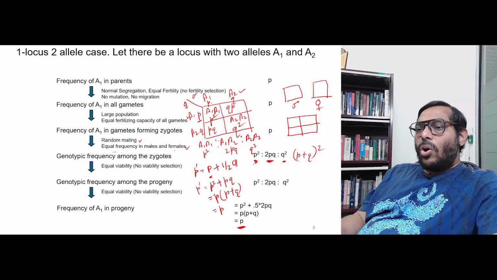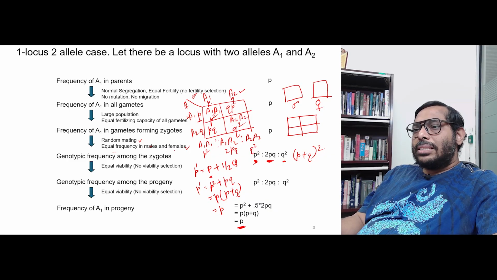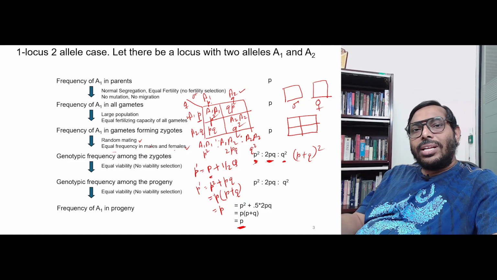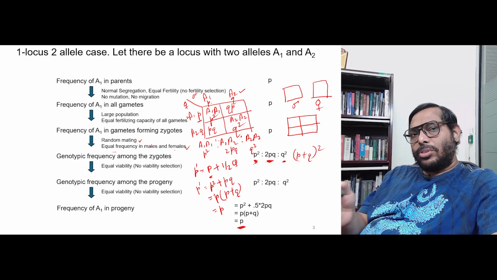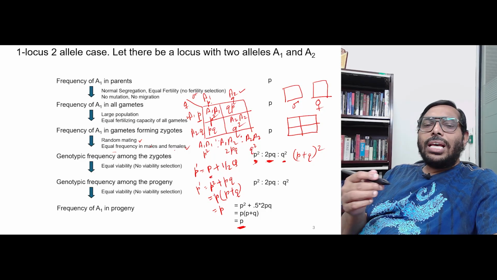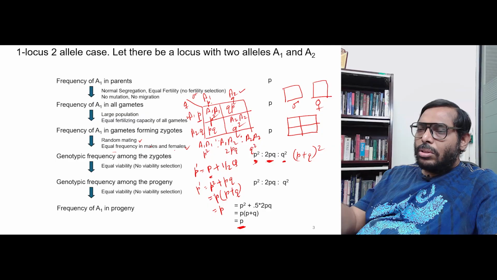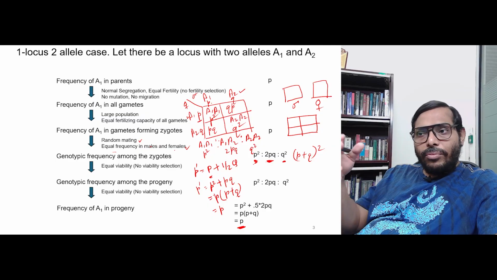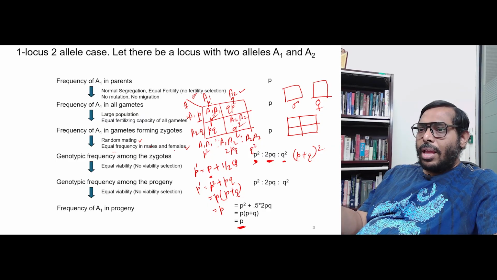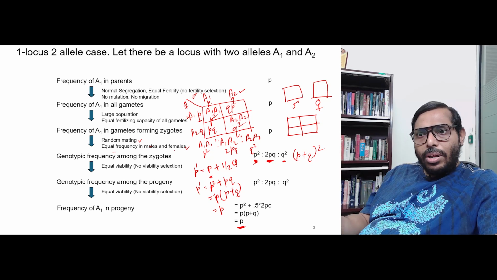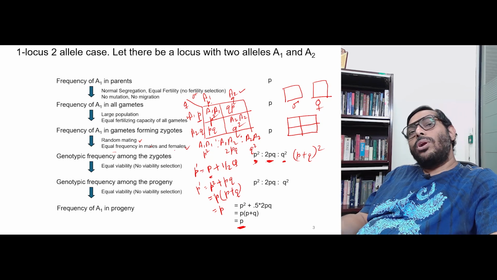Because what we are doing is seeing at every single stage the ways in which a difference can happen in terms of the frequencies, and we are explicitly going out of our way to say that all the conditions are such that no difference will be there, and therefore, after all the conditions of no difference are put, what do you see? You see no difference.